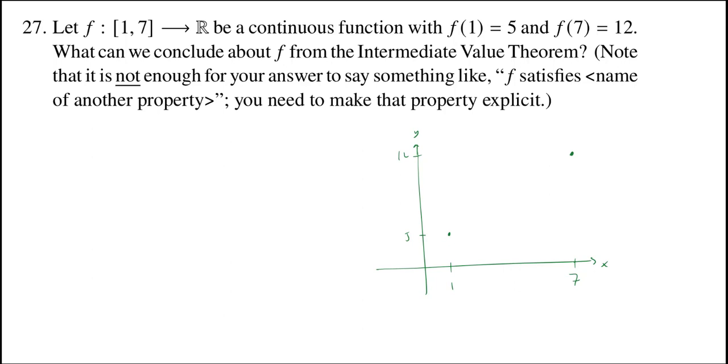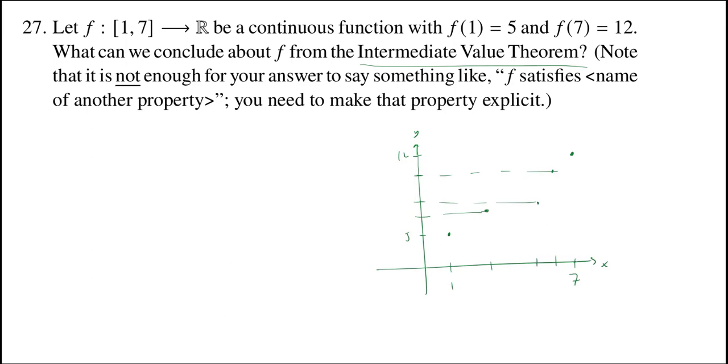Well, what does the intermediate value theorem tell us is going to happen with this function? It tells us that if you choose any point in between, anything you like, there has to be somewhere where I'm actually going to reach that point. We don't know where, but there'll be somewhere where I hit all of these intermediate values between 5 and 12.